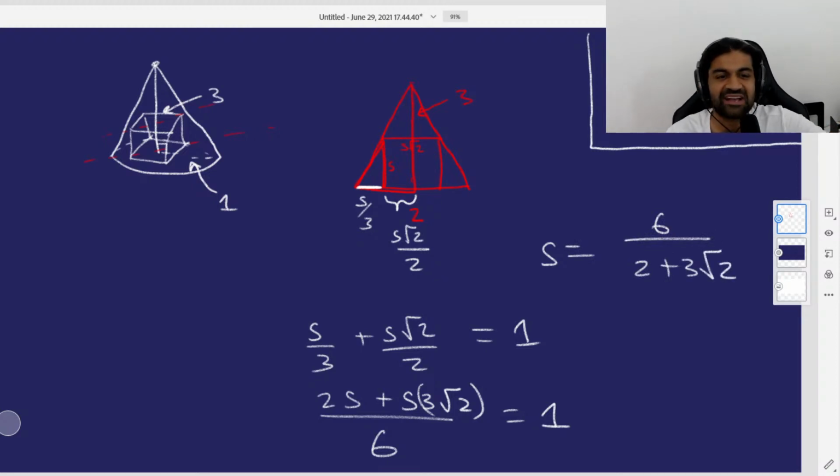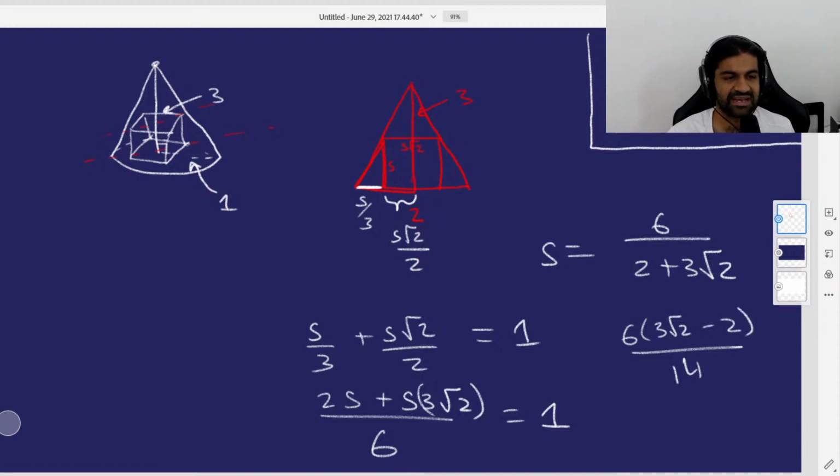You can rationalize the denominator, of course, if you so choose to. So if you did that, you would multiply the numerator and the denominator by 2 minus 3 root 2. Let's do it the other way. So the denominator would be 18 minus 4, which is 14, and the numerator is 6 times 3 root 2 minus 2.